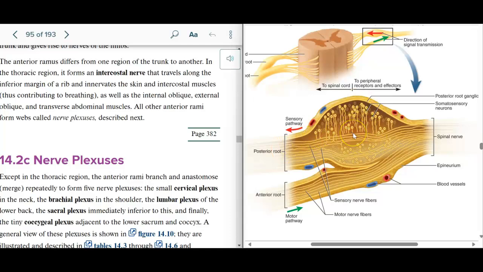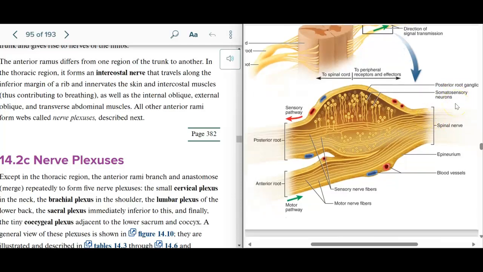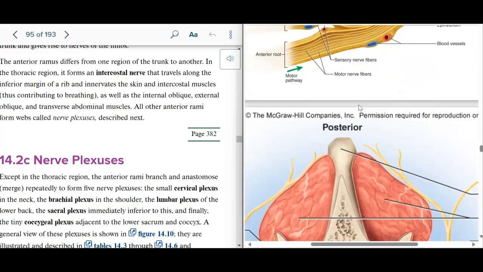So here's the ganglion. This is the spinal nerve. So that means that we have the ramus is going to be splitting shortly after here. The posterior root ganglion, this is just a collection of cell bodies, nerve cell bodies.